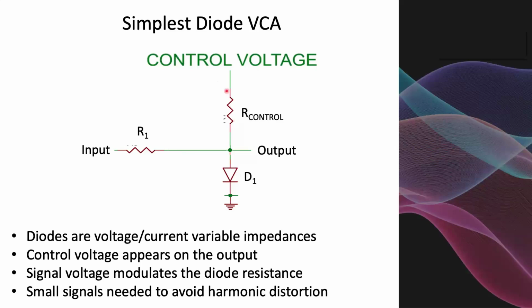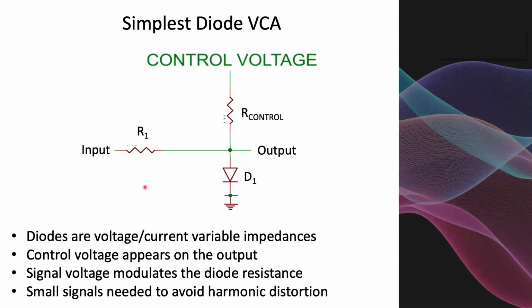We can have a resistor here, probably quite high, much greater than R1, which converts the control voltage into a current, and depending on the control voltage, alters the current through this diode, which changes the dynamic resistance of this diode, so you can get a varying attenuation for a small input signal. And that's very simple. It can work quite well.